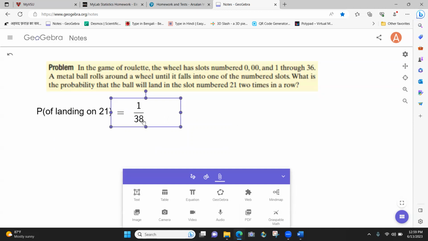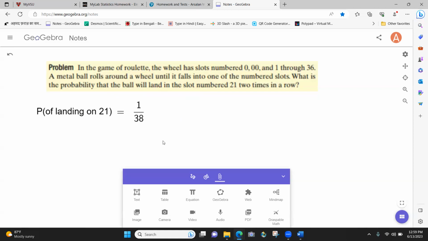All right. So this is the probability for one ball. You spin the roulette wheel, and the ball is going to land on 21 only 1/38 of the time. That's the probability. But now they're saying you are doing it twice. When you do it twice, you know these are independent events. The ball cannot remember where it landed the previous time. The ball is going to land wherever it lands, right?